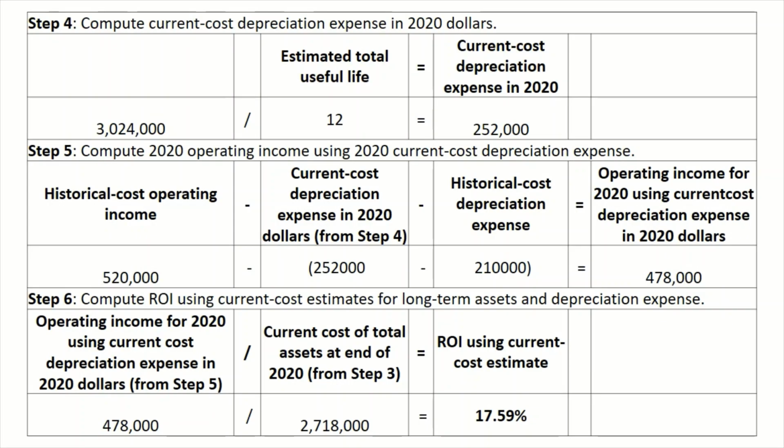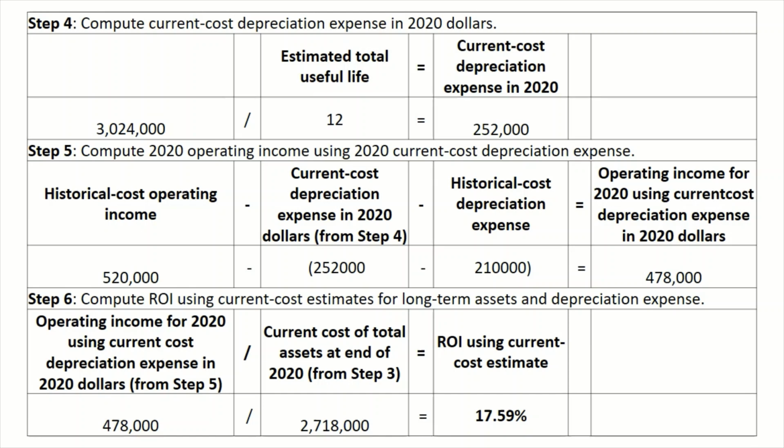And the next step is to calculate the current cost depreciation expense in 2020 dollars: gross book value of long-term asset at current cost at end of 2020 dollars, divided by estimated total useful life, and hence we find the current cost depreciation expense in 2020.